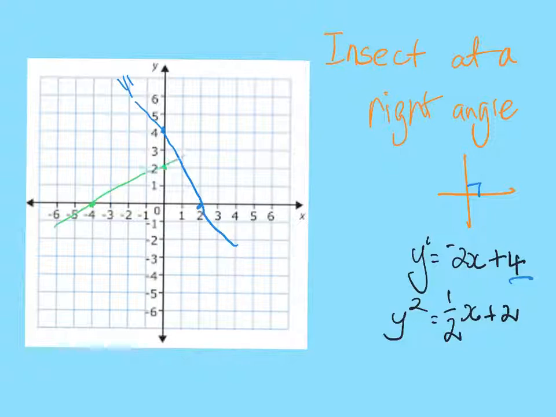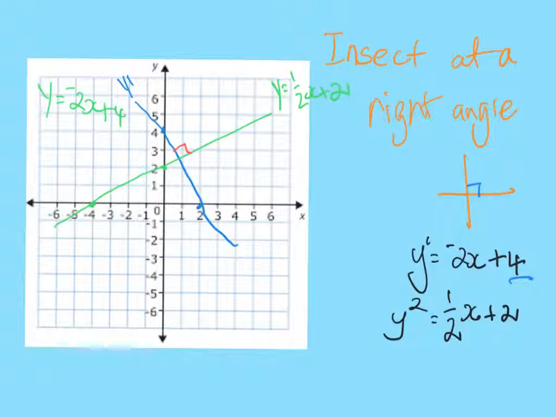Okay, so here's our line here. So this is y equals 1/2 x plus 2, and this line here is y equals negative 2x plus 4. So I know this is drawn roughly, but here is our right angle here. So because we've got that right angle, we know that this is perpendicular.